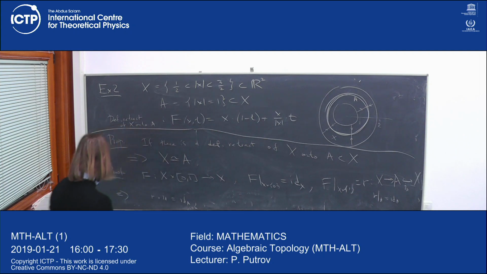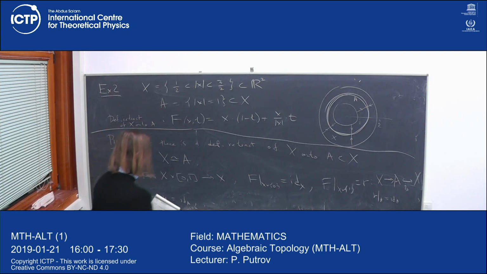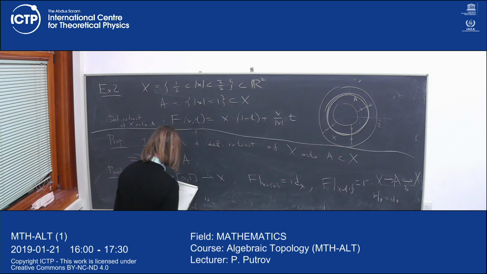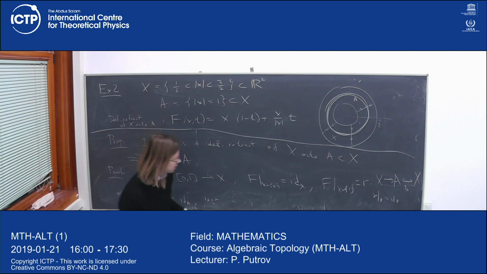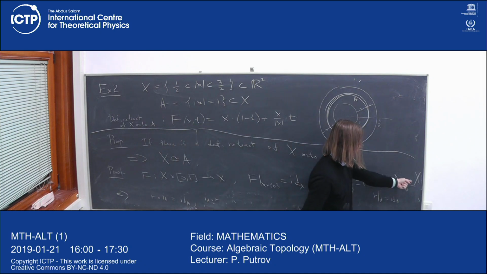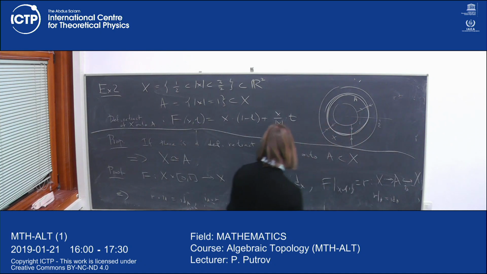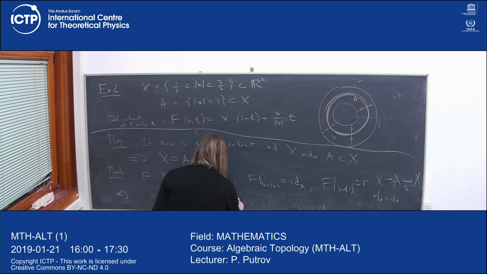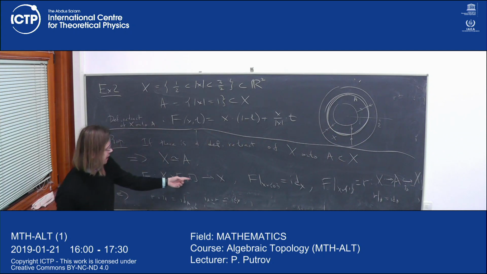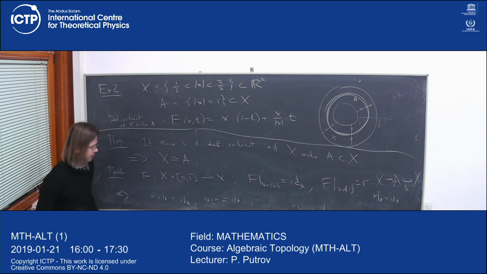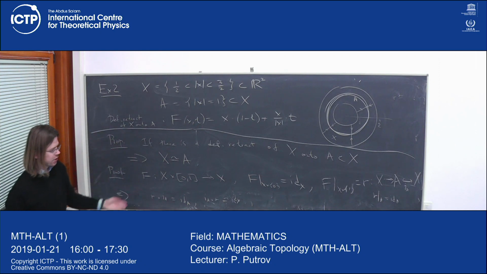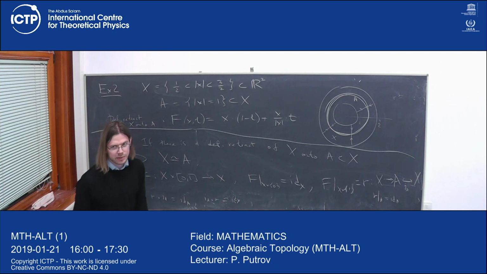And the fact that we have a homotopy can be reformulated as follows. If we calculate the composition of i_A with R, it is a map from X to X. This is homotopic to the identity on X, and this homotopy is provided by the deformation. So we can see that this is actually the definition of homotopy equivalence. There exists a pair of functions which satisfy this property.